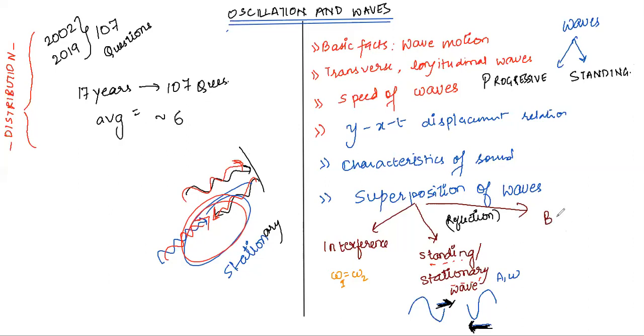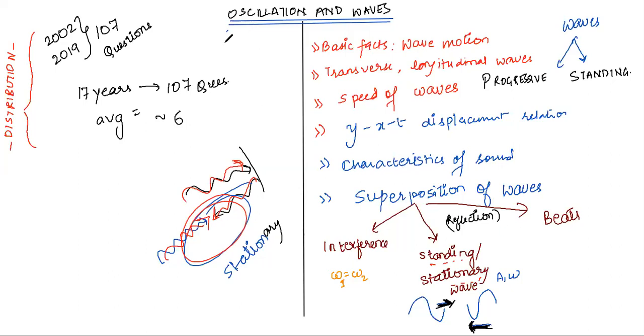Then, on a similar note, there is a phenomenon called beats. So for beats to happen, again, there is a rule on it. For beats to happen, the two frequencies of the waves which are coinciding with each other should be very close to each other.